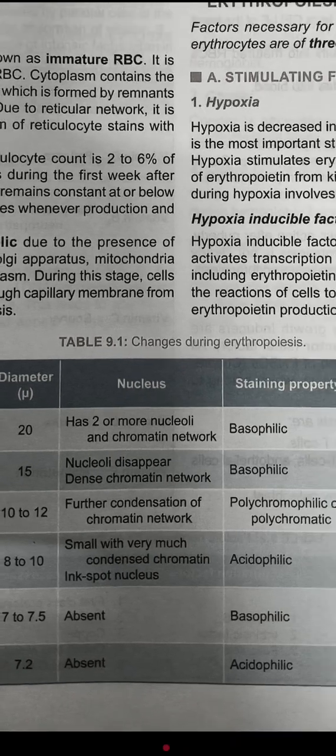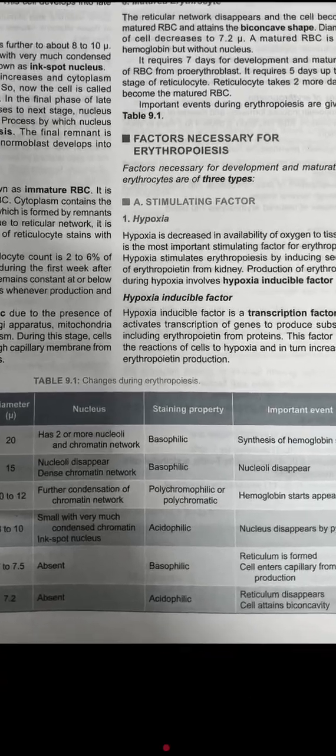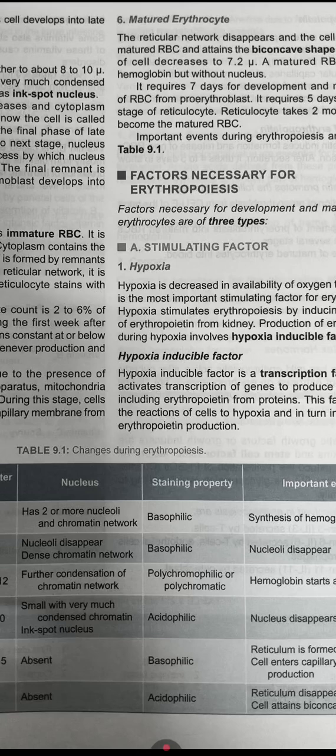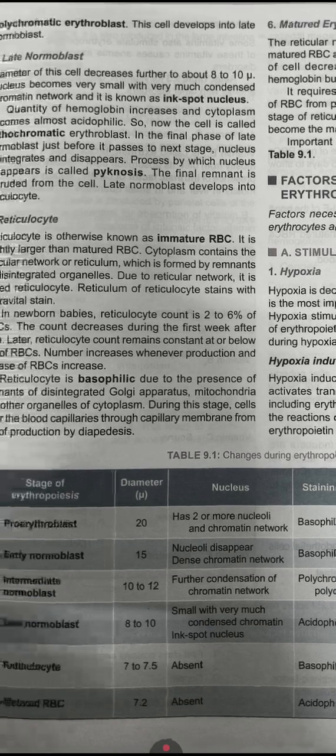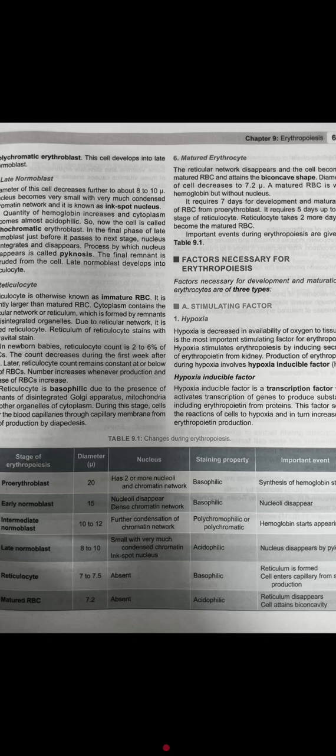Now nucleus and staining property. In the first stage, which is pro-erythroblast, the nucleus has 2 or more nucleoli and chromatin network. But in the second stage, nucleoli disappear, and a dense chromatin network is present.